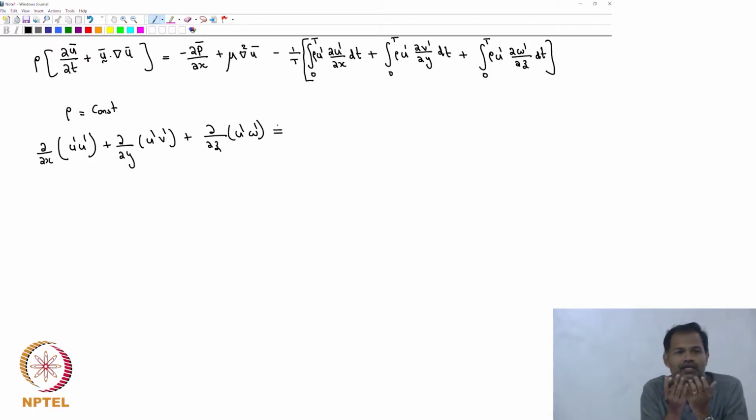Okay, I'm just trying to look at a quantity which I have looked at as products of the fluctuating components, and I'm taking some derivatives. I want to connect that expression to the first expression that I have written.